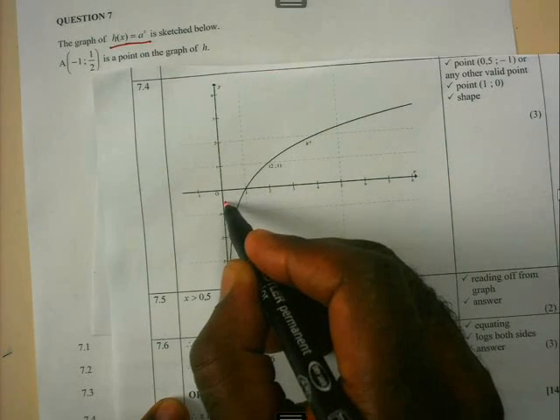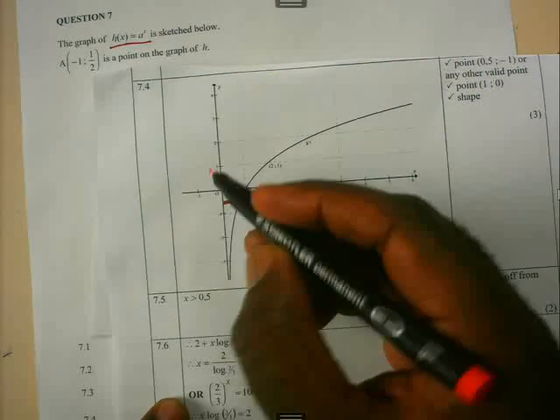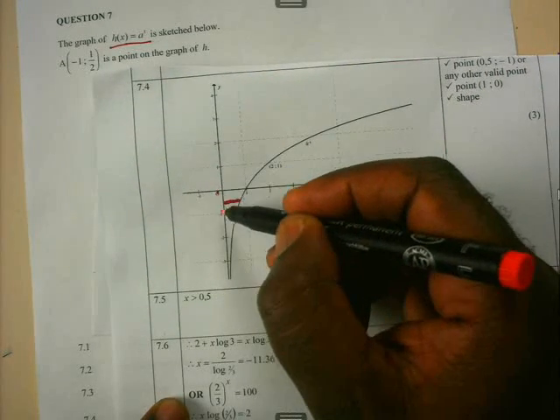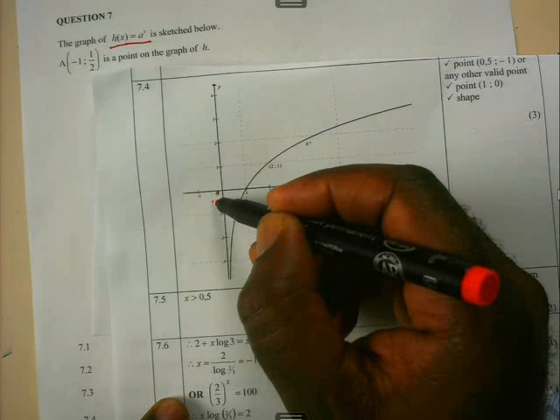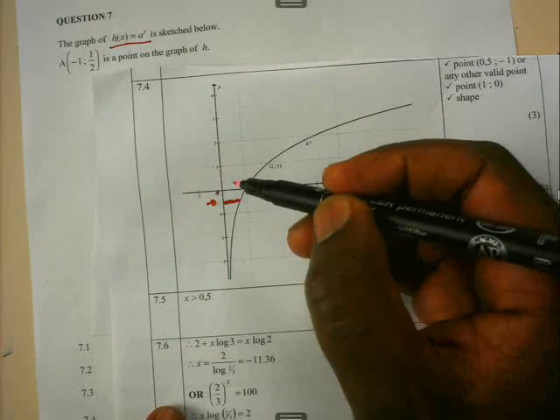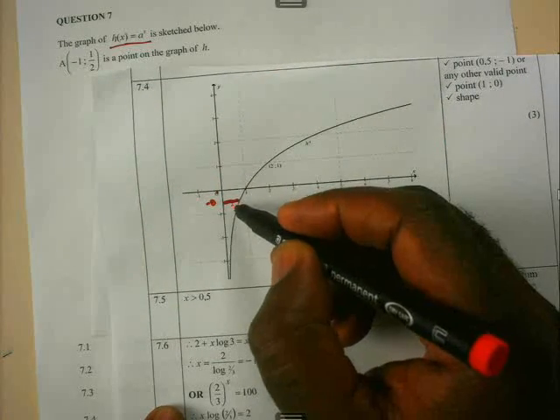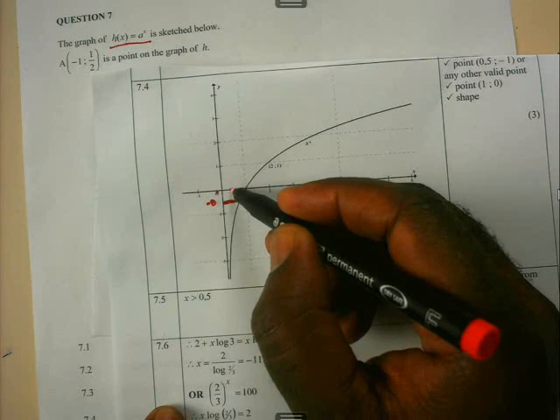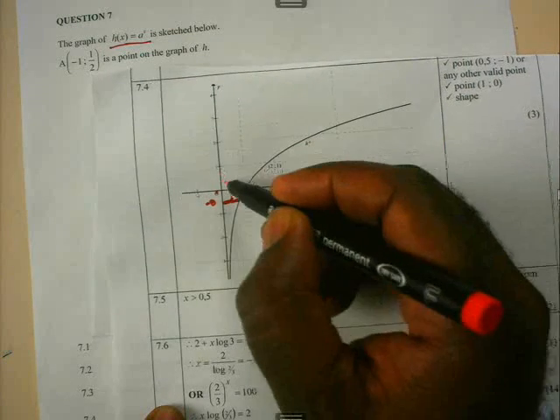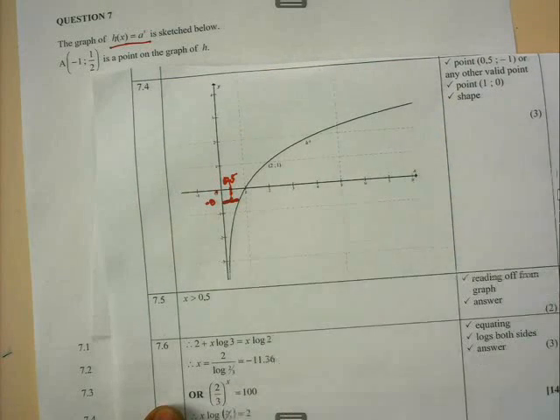If we are here, just at the center, that is in between 0 and negative 1, the value of y should be negative 0.5, and the value of x here should be 0.5. That's why we are going to have that.